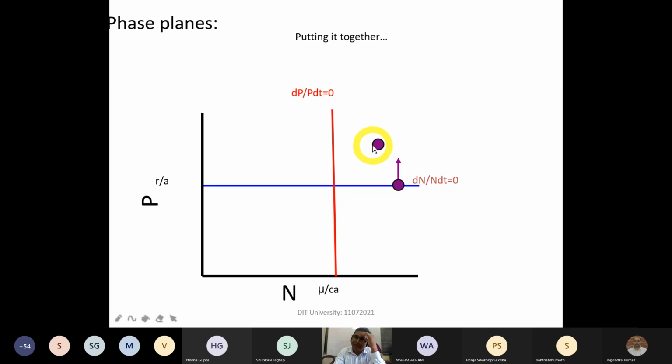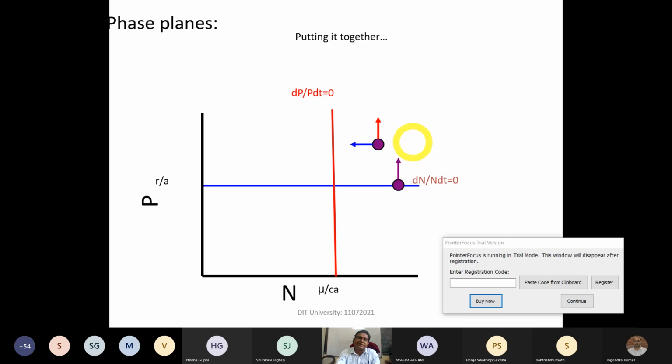So what will happen here? Here, neither prey nor predator is at a point of no growth. Since the availability of predator is too high, the predator again goes toward the right, but since the predator has a high population, the prey population decreases due to predation.